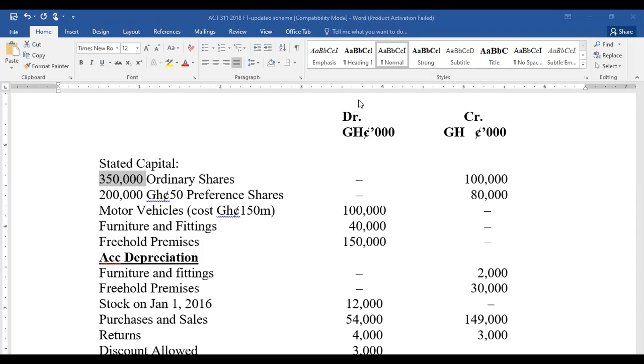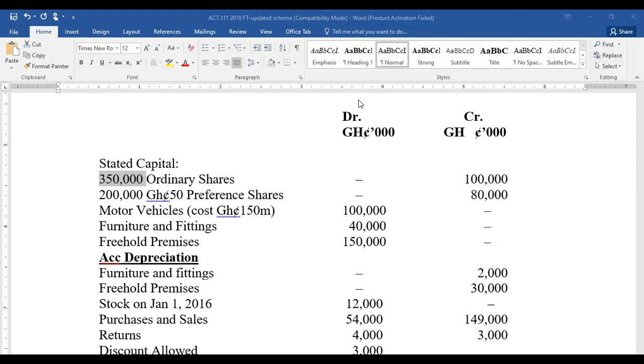In your income surplus, you are going to have transfer to stated capital 10,000. You are going to have interim dividend paid on preference share 4,000, final dividend or proposed dividend on preference share 6,000, and proposed dividend on ordinary share 28,000.